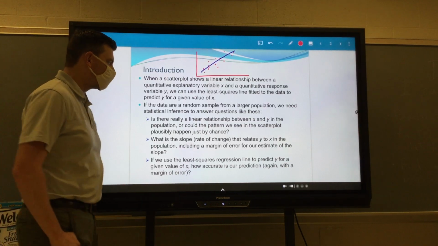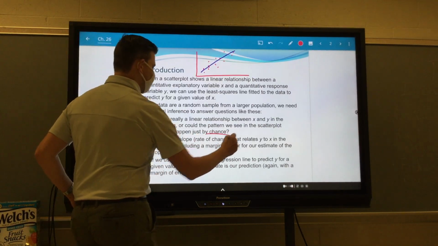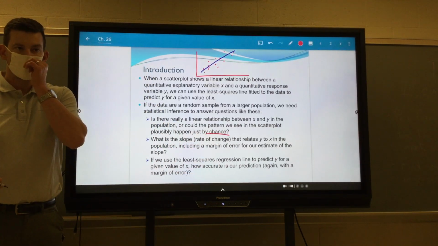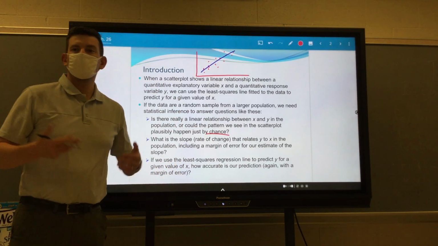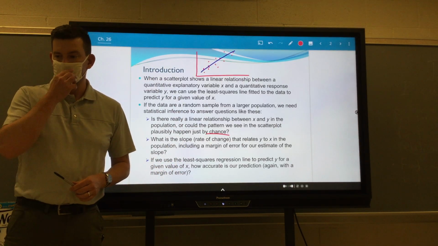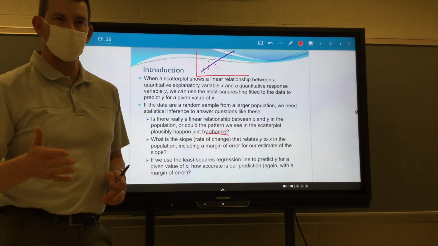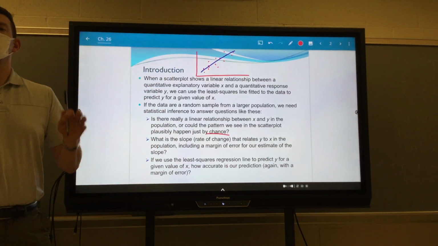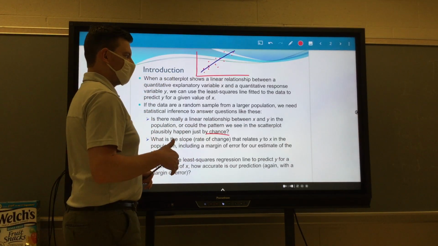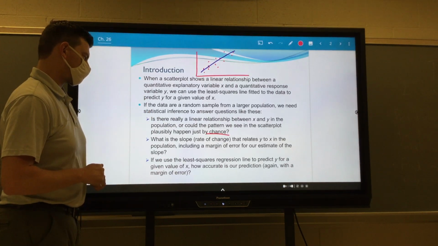Or could the pattern that we see in the scatter plot plausibly just happen by chance? A big question that we've seen with our other tests of significance. Is the association that we have just due to chance alone? Or would that be incredibly unlikely to have happened if there were not some true relationship going on?